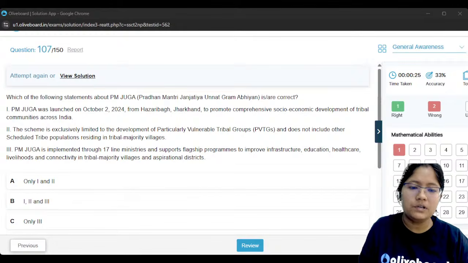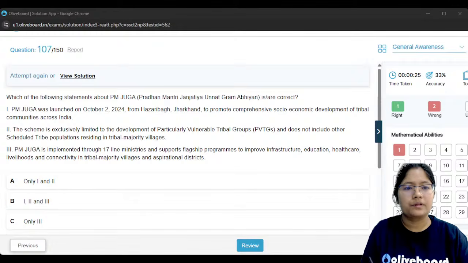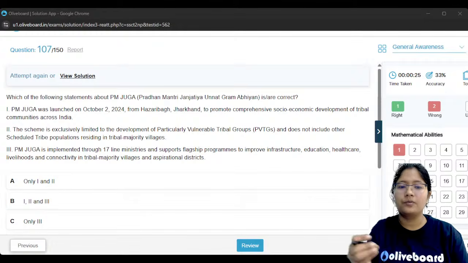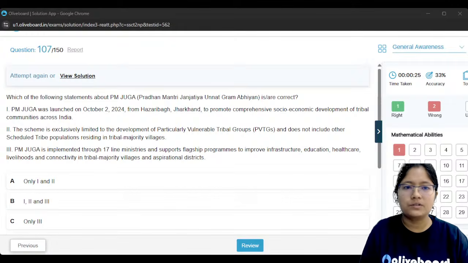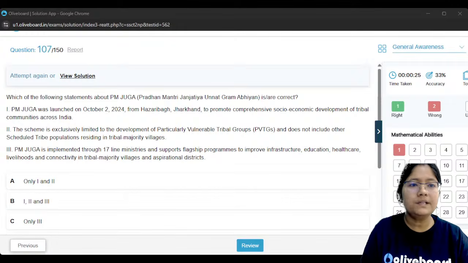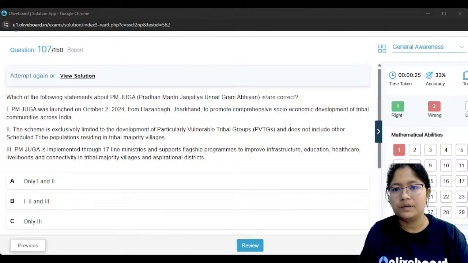Particularly vulnerable tribal groups, there are some further detailings of what points are to be taken care of in that case. So that is also there. Now what will be the correct answer here? The first statement: the scheme is exclusively limited to development of particularly vulnerable tribal groups.